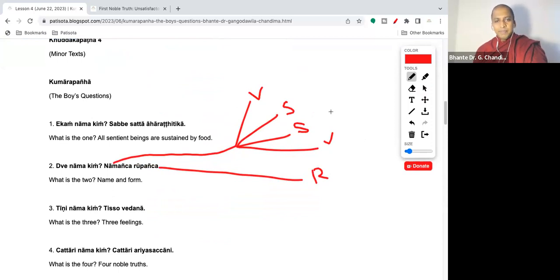All right. What does it mean? That means, although we understand 5 aggregates, if you further break them into a minor version, then it is not even 5 aggregates. It is nothing but Nama, Rupa, name and form. Now I have a good question for this. Can we survive without Rupa in this life?